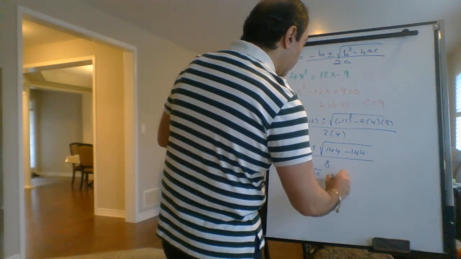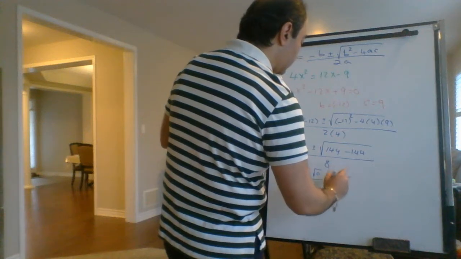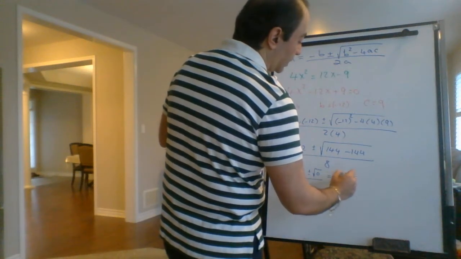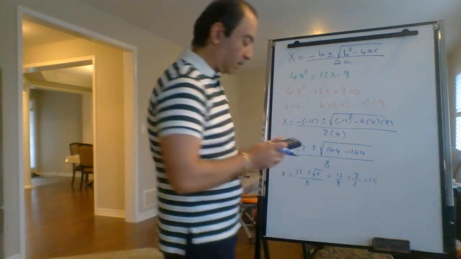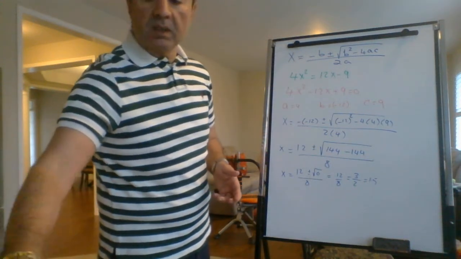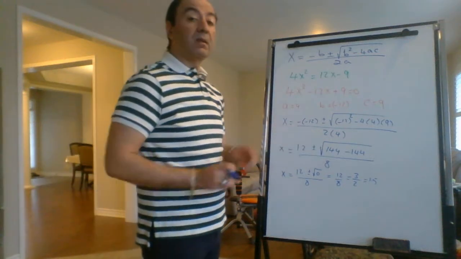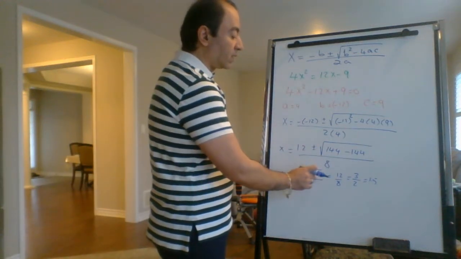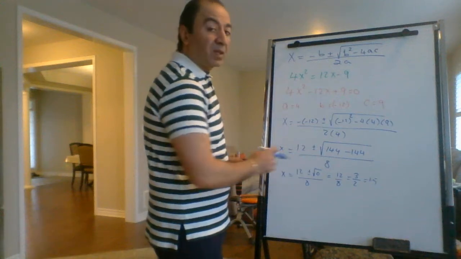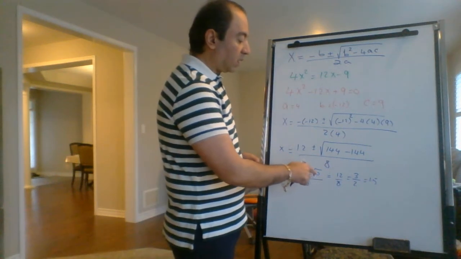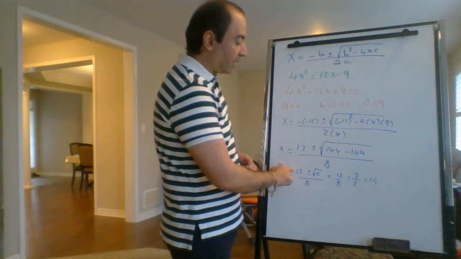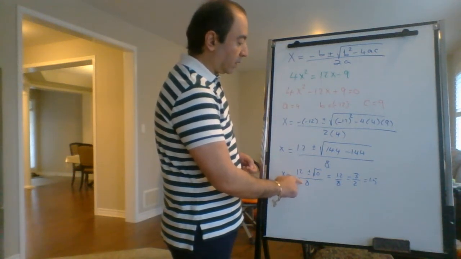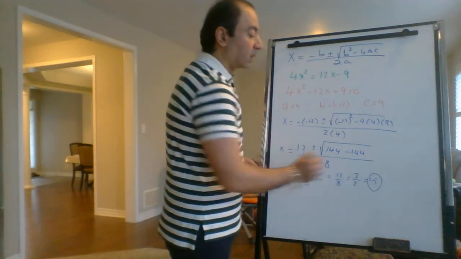So this is 12 over 8, which, when we simplify this, is 3 over 2, which is 1.5. What does that mean? You see here, when we get a value under the square root that is 0, there is no plus or minus 0, so we have only one x-intercept at negative b over 2a, which is this.